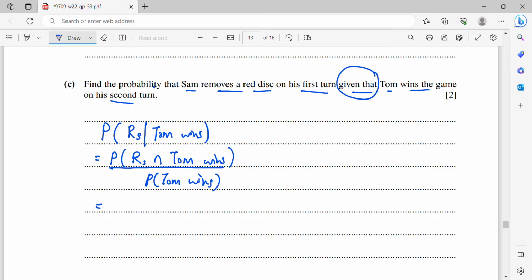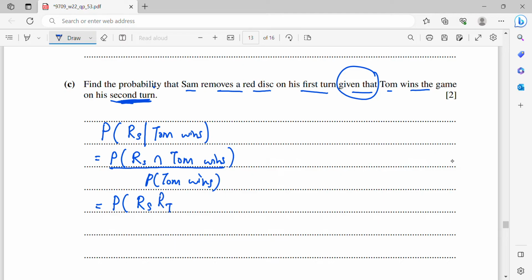Now if Tom wins in the second turn, and Sam removes the red disk on his first turn, then Tom, because of the second turn, he is declared the winner, means that first turn Tom must get a red disk.